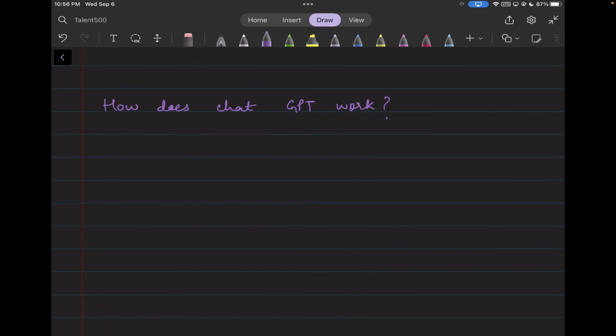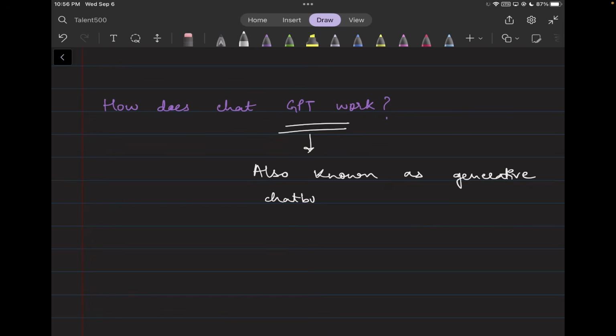Okay, so I have already told you that when you talk about ChatGPT, what it is actually going to be doing is generating some text for you. And because of that reason, we also call it a generative chatbot model, because in this particular one we are actually chatting, right?